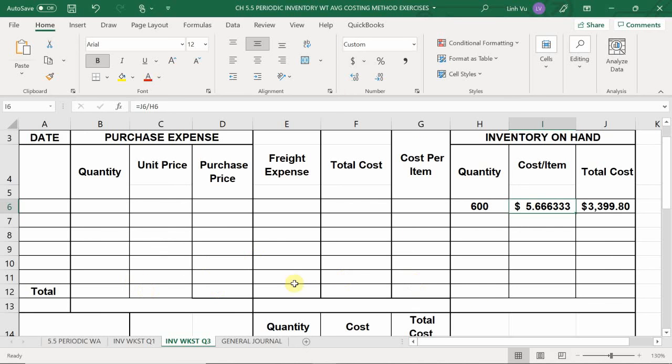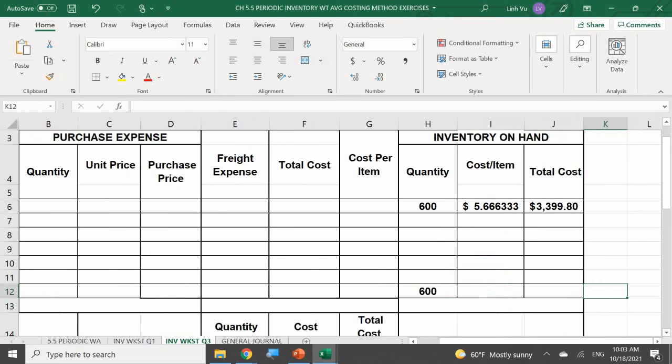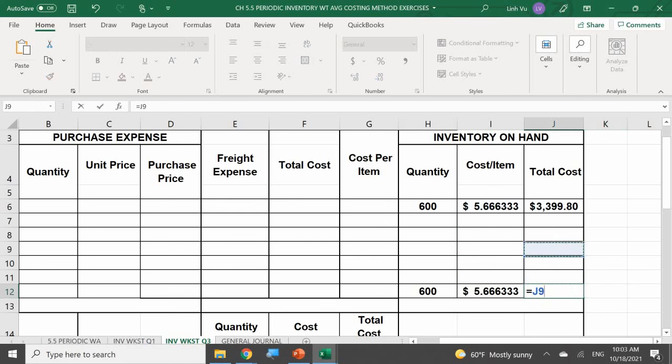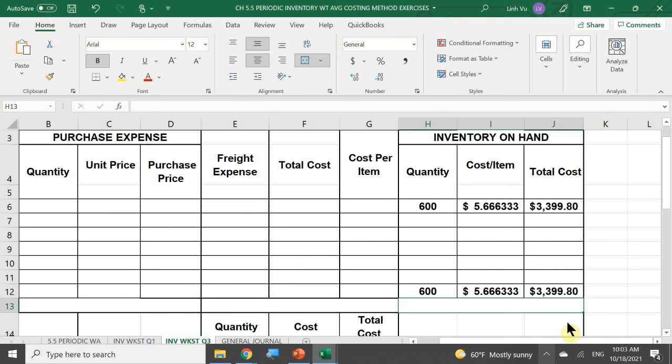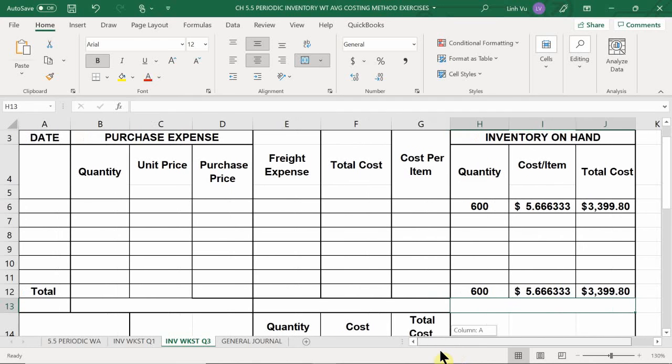So again, because this is my beginning balance of inventory, I'm going to reflect my answers here. Okay, because that's my beginning balance. That's my actual inventory I actually have on hand.